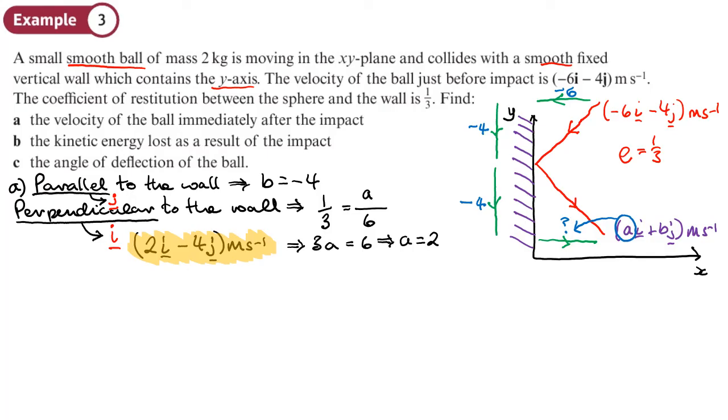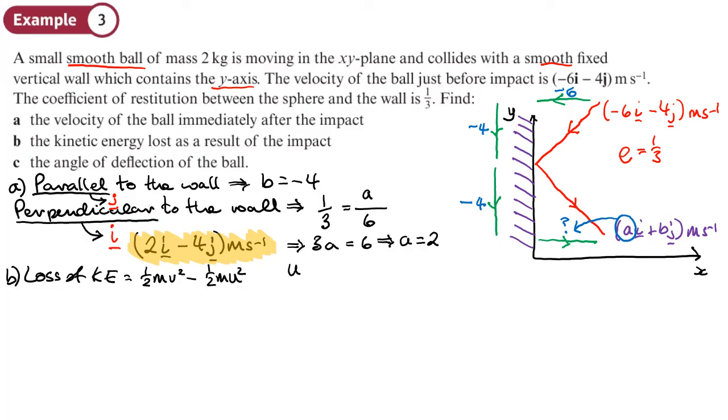So hopefully we'll remember that the loss of kinetic energy is the kinetic energy after the collision minus the kinetic energy before the collision, which means we need to work out u and v.